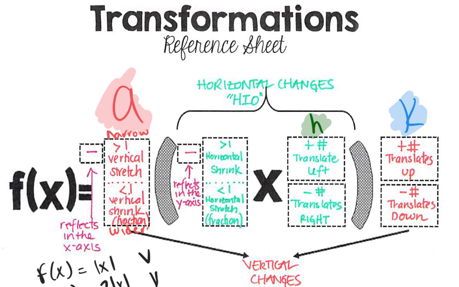For example, if I want to try a translation to the left, that's when I add a number after the x. So if I want to translate, I have f of x equals absolute value of x, and then after the x, I'm going to add a number and compare that to the parent function.